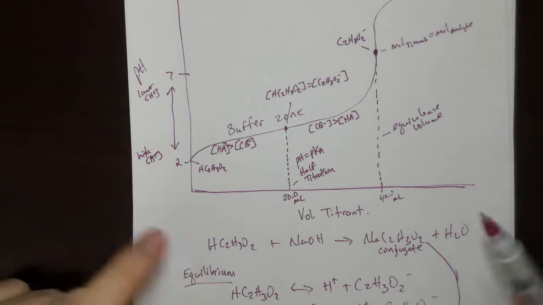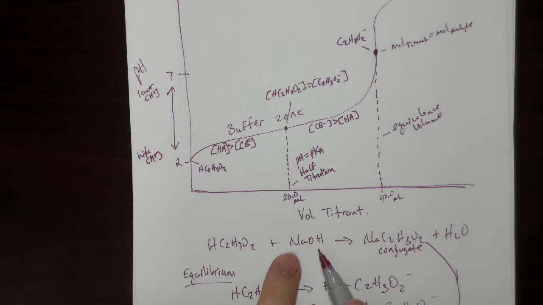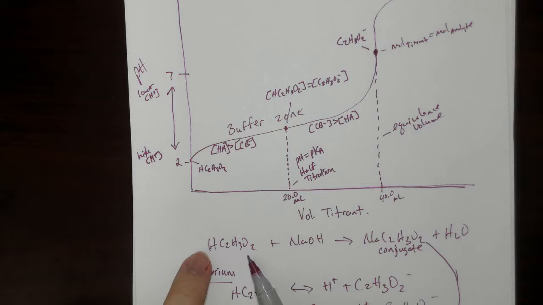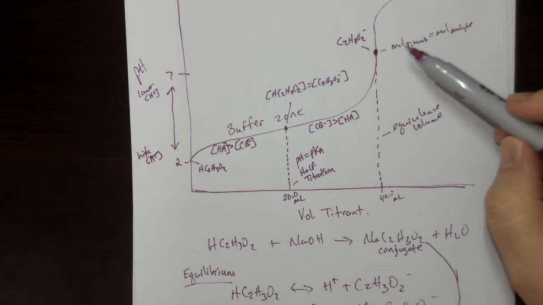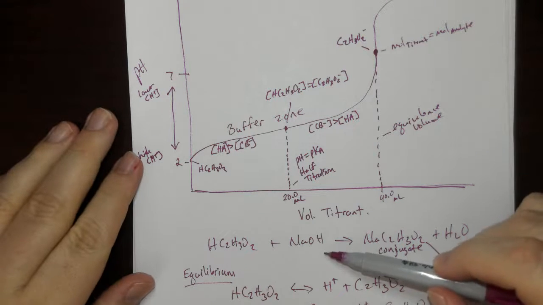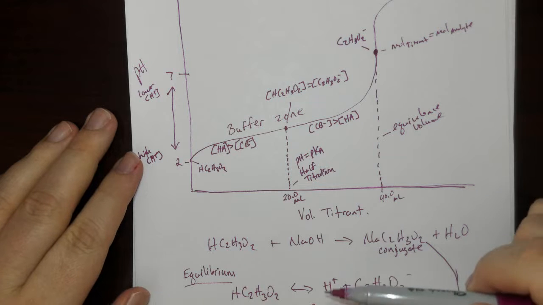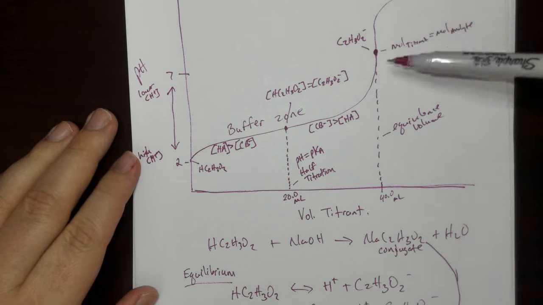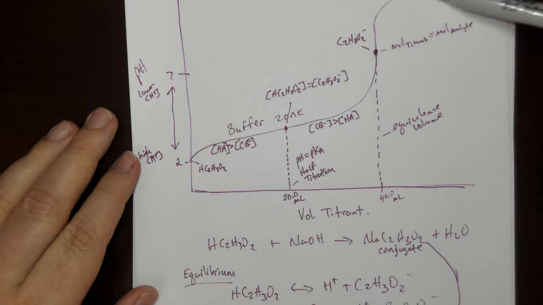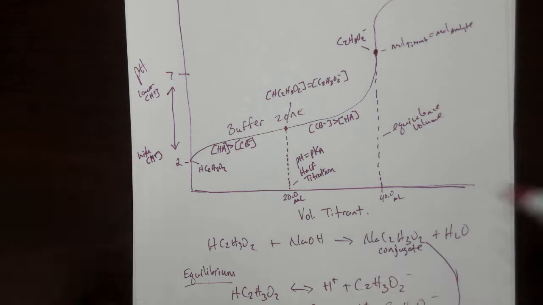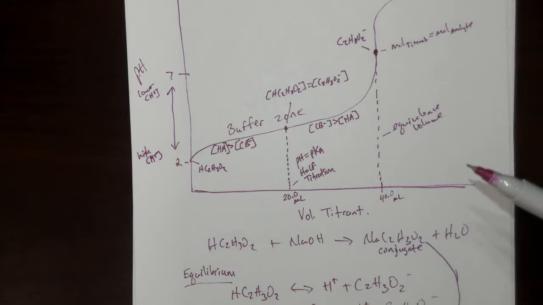Past equivalence, the roles flip. The titrant becomes the excess, and your original acid is now limiting. And past the equivalence, if your titrant is strong, you can quit worrying about equilibrium, and you can just go to finding the concentration of your strong electrolyte, which in this case would be sodium hydroxide.